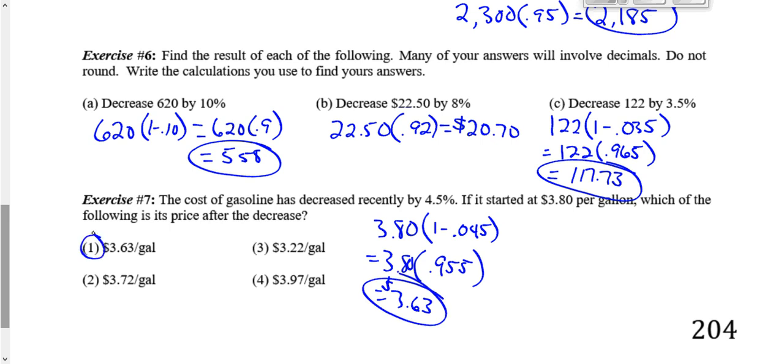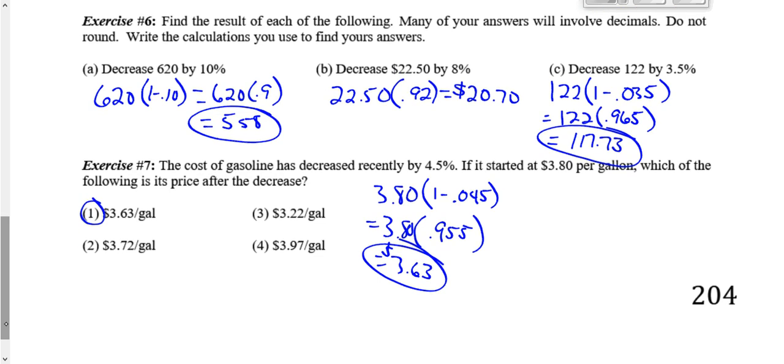Kind of getting the idea here? So we're setting up exponential growth and exponential decay models here, right? Let me give you a quick summary of what we learned here.